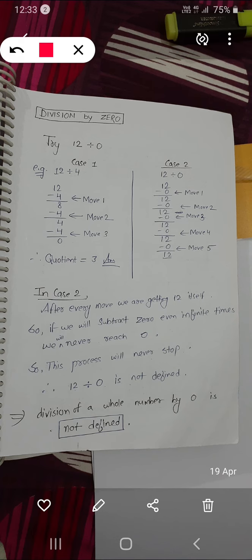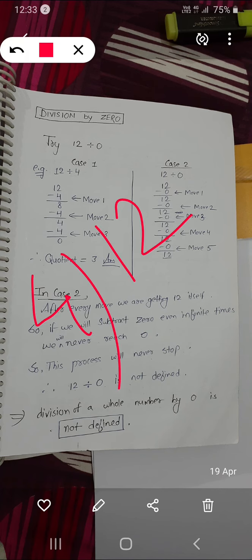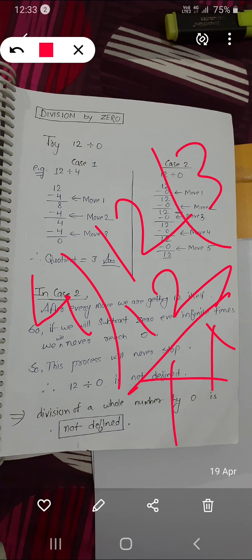We have subtracted 4 three times. This is the first move, this is the second move, this is the third move. That means our answer will be 3. The quotient will be 3. You can also check, children. If you divide 12 by 4, you get 4 threes are 12 and remainder 0.